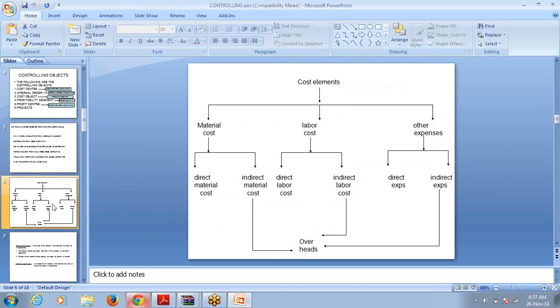The purpose of the cost accounting is to find the cost and to control the cost.